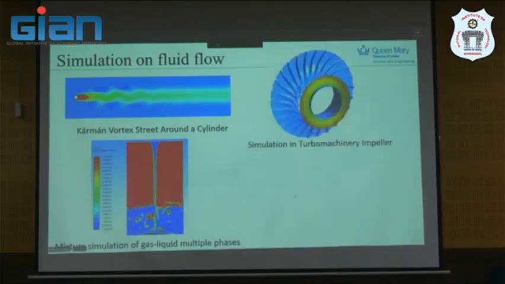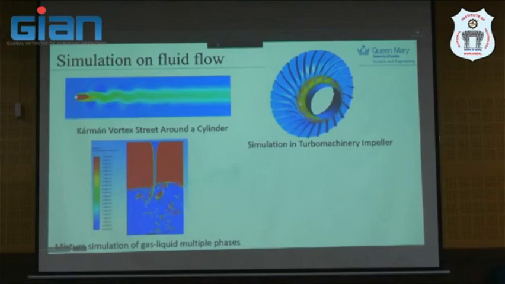And the third one is about the fluid flow in pumps. The simulation can be used to investigate the fluid flow in turbomachinery.